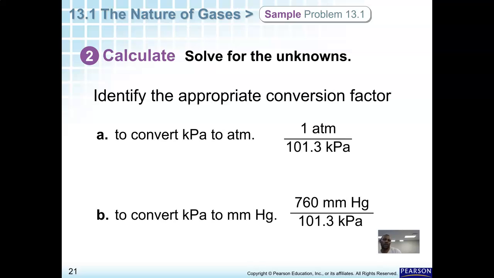But to convert kilopascal to millimeters of mercury, we use 760 millimeters of mercury per 101.3 kilopascal. By using either this or the inverse of this, we will convert a given 450 kilopascal to a prescribed unit.